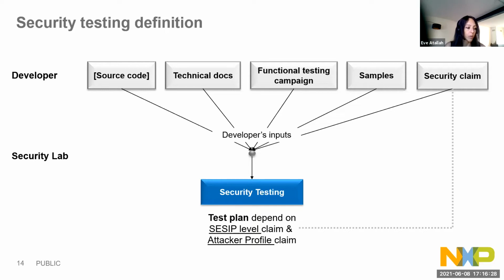Anyway, the test plan then depends, of course, on the information provided, the implementation analysis and the potential weaknesses found during the analysis. But which tests are applicable or not also mainly depends on the security claim, which is based on the SESIP profile.